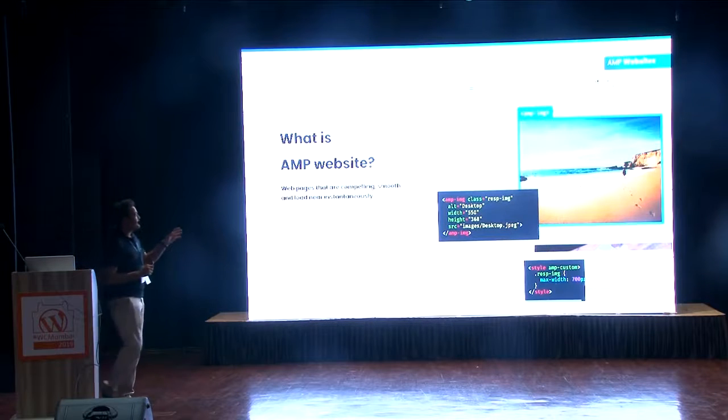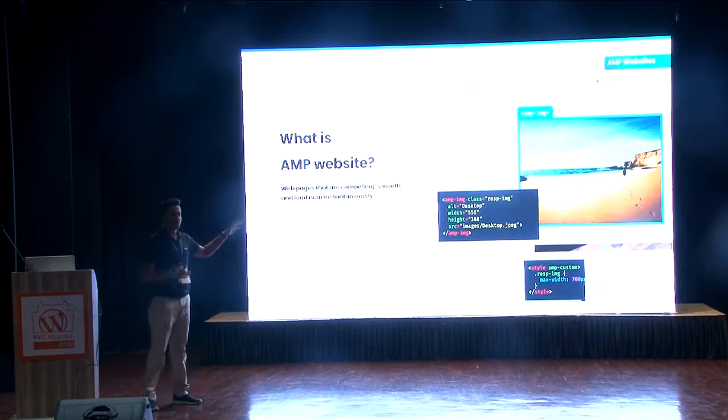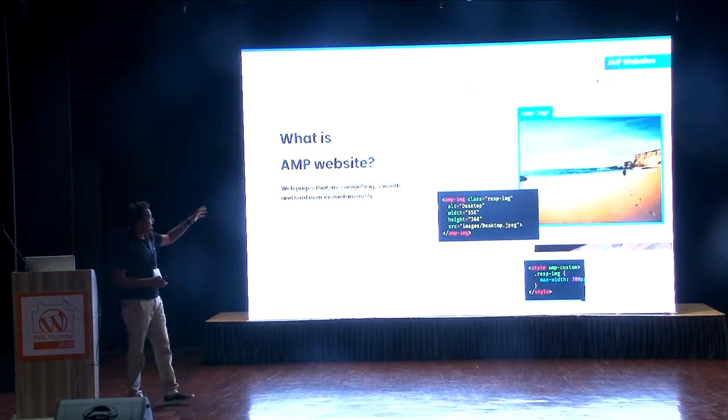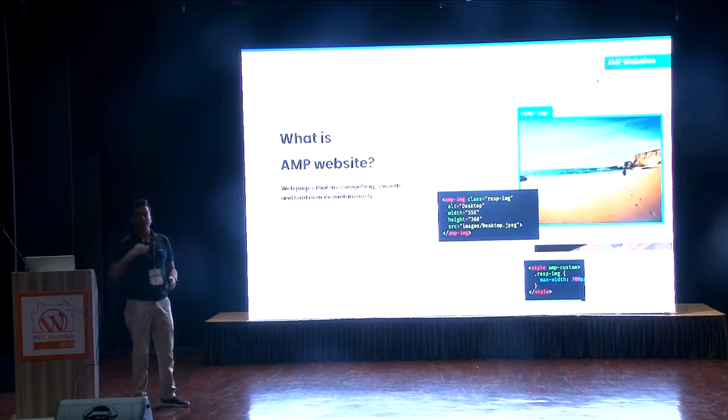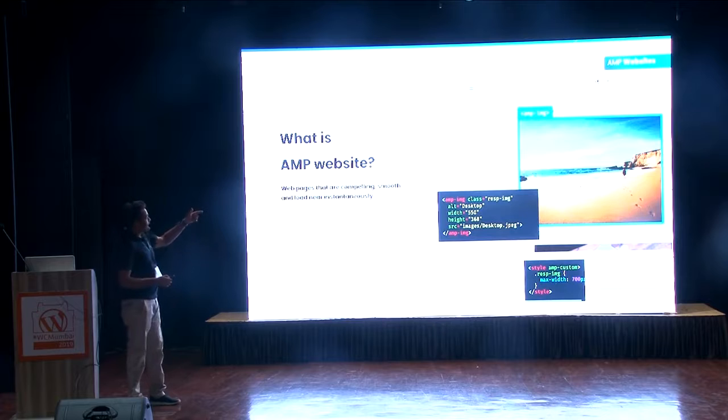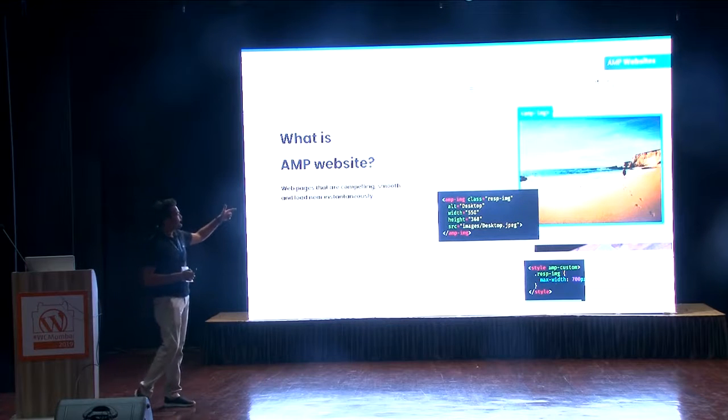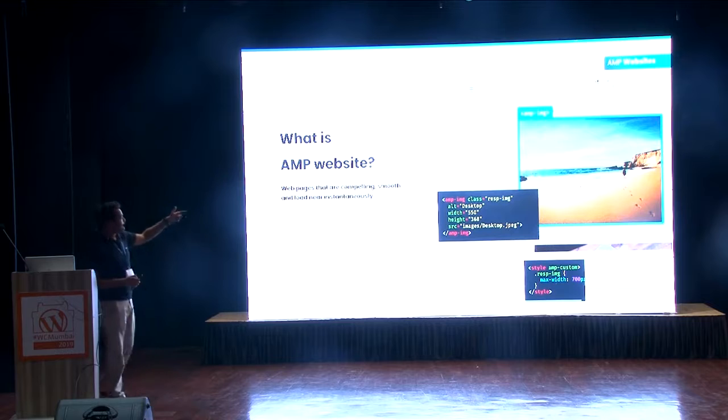Here is a quick example of what an AMP website looks like. For example, you are using the IMG tag in one of your websites. This is what I have pulled from a WordPress website, and I'll also tell you how you can make your WordPress website AMP compatible for performance. It's a normal IMG tag. What I have done is change from the IMG tag to the AMP IMG tag, and it automatically implements all the things required to make my website faster.